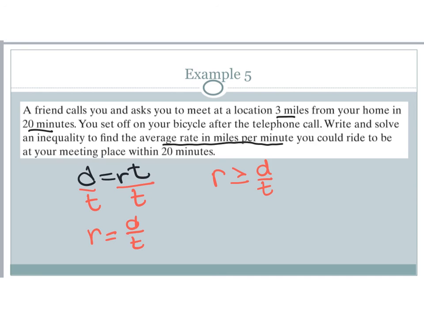So now all I'm going to do is plug in what I know. So I have my rate is greater than or equal to my distance of 3 miles divided by my time of 20 minutes.